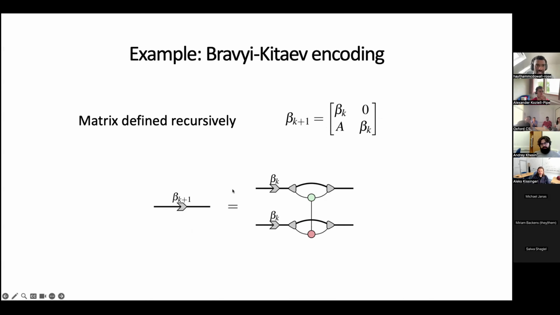This is how the Bravyi-Kitaev encoding doubles, if you will. To go from one encoding BK to the next one BK plus one, you stack them up and you do one CNOT gate. So the CNOT circuit form of Bravyi-Kitaev is probably the most informative way to look at it.